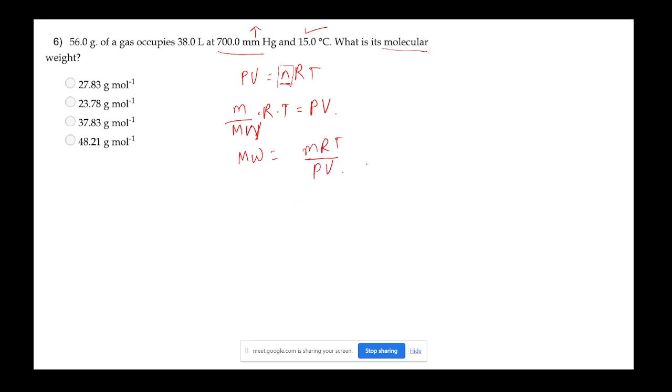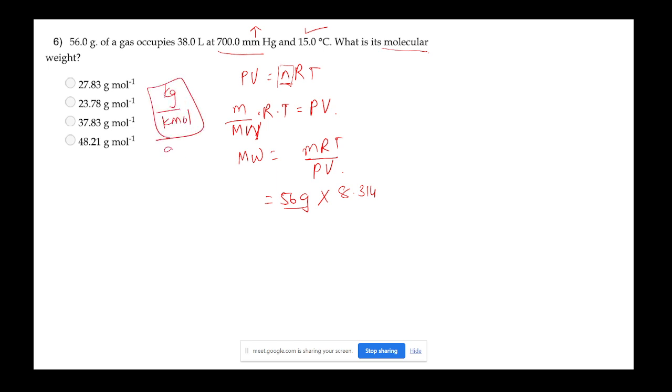So again, I will convert everything into SI unit. 56 gram into R is 8.314. Now I am not converting this gram into kg, which is the SI unit, because in the options you see it is gram per mole. Or if I convert this in kg, then what I will have is kg per kilo mole.